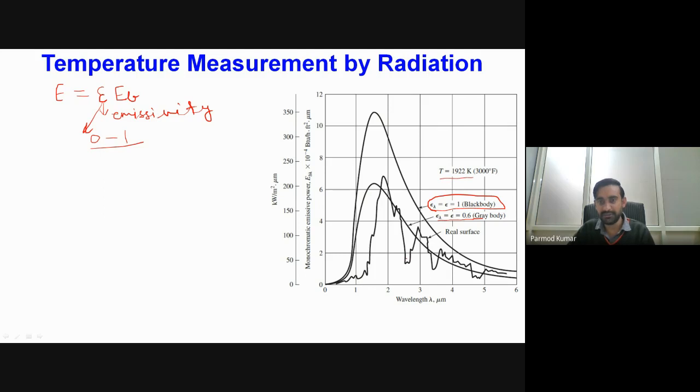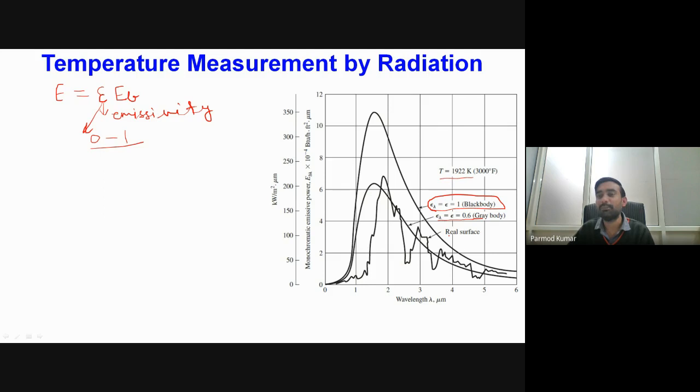At some wavelengths it goes beyond the emissivity value of 0.6, and at some points it has emissive power less than that of the constant emissivity value of 0.6. So in this real surface, the emissivity of the surface is not constant. It means the emissivity at each and every wavelength is different.